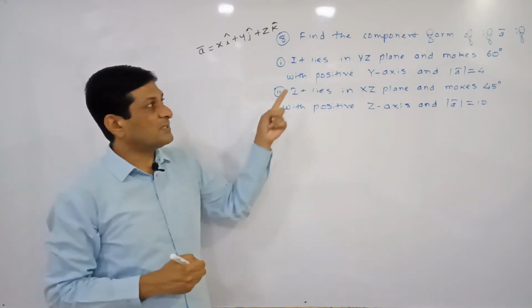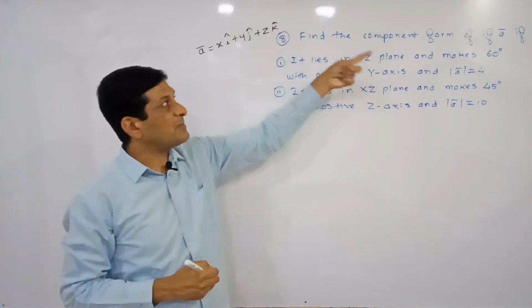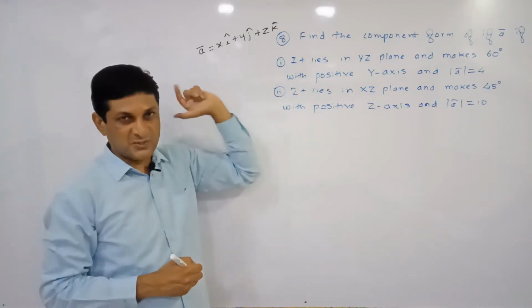So now we have to express our given vector A bar using the given condition in this form, getting it?